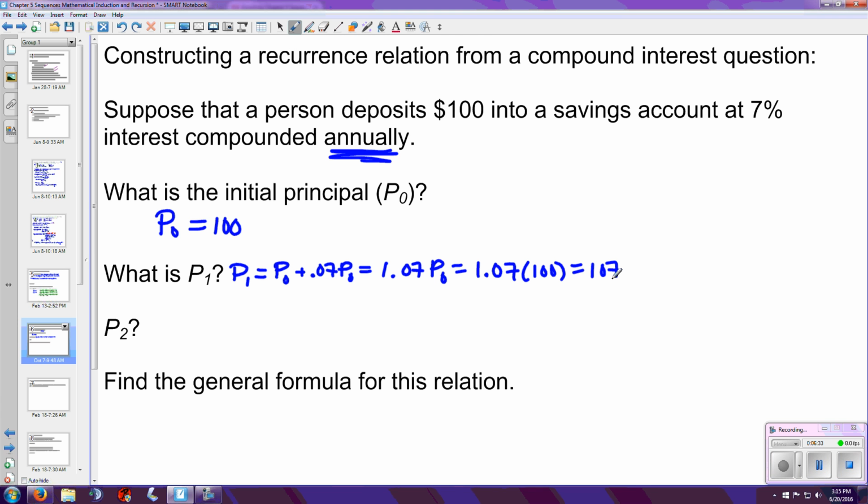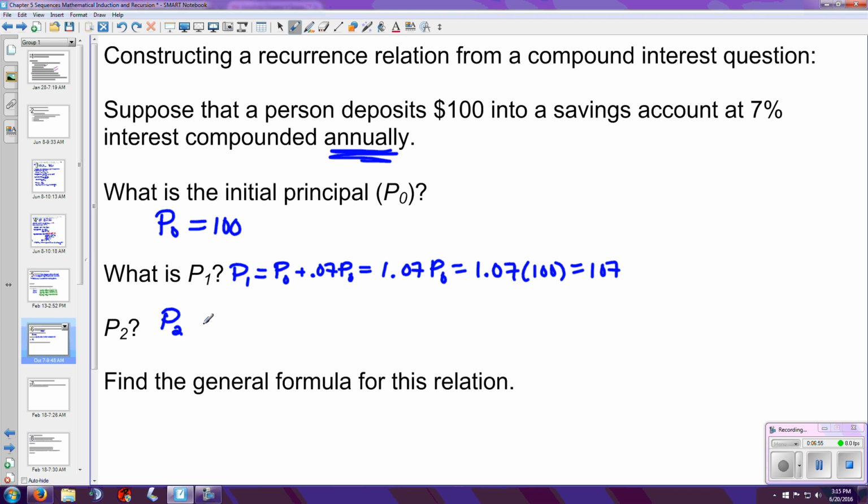Now, we can keep going on, and our goal here is to find a general formula. Without going too crazy, what does P2 equal? We're saying now at the end of 2 years, we're making the assumption no money has been taken out or put into this account. At the end of the second year, we're gaining another 7% on top of that money that we already earned.